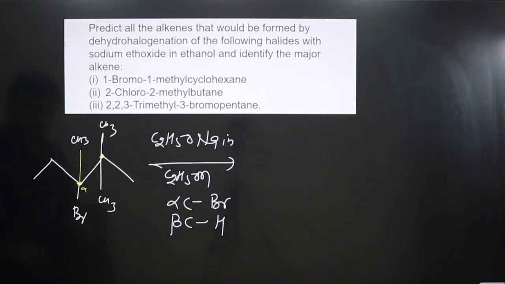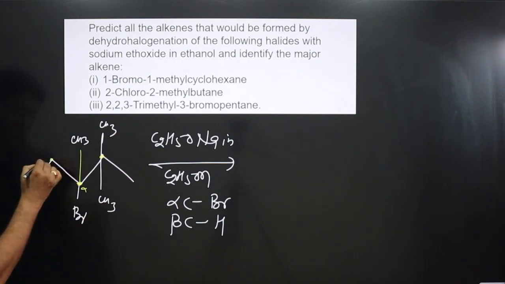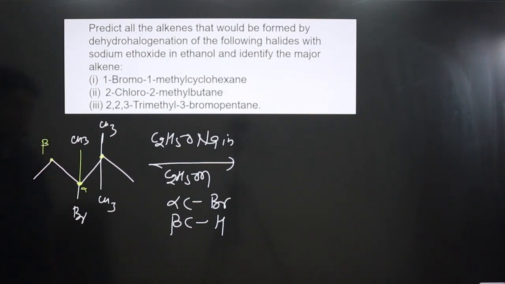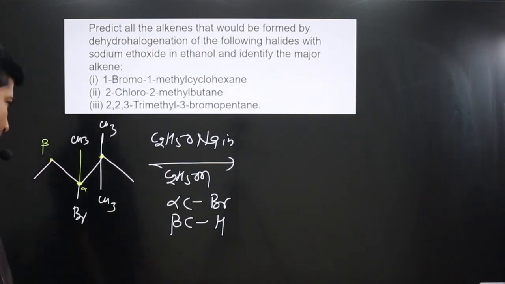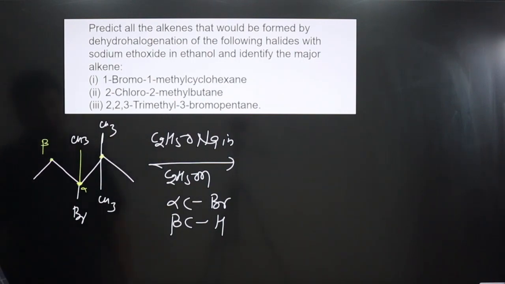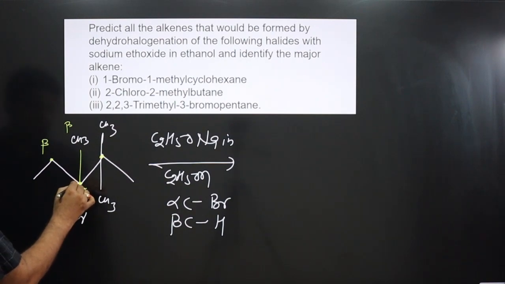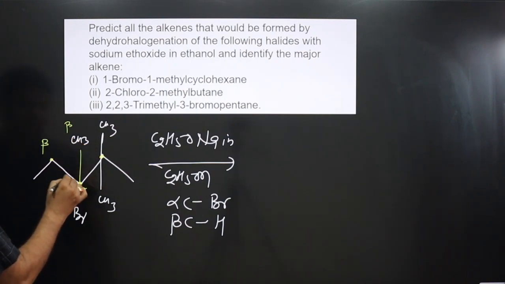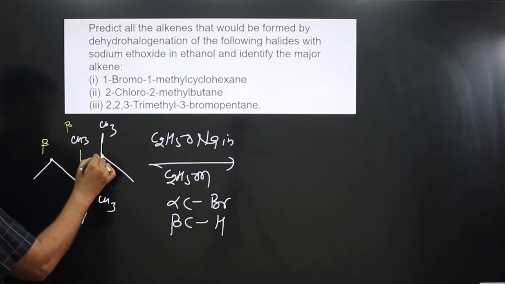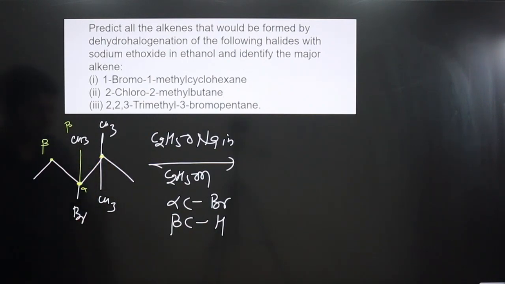If I go this side, this is a beta carbon. This is the beta carbon, and this is also a beta carbon. And this is also a beta carbon, but it does not have any hydrogen.